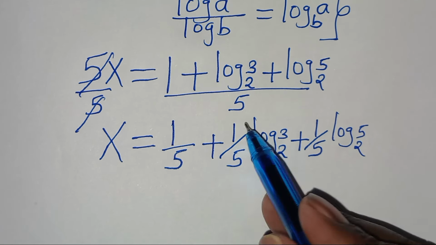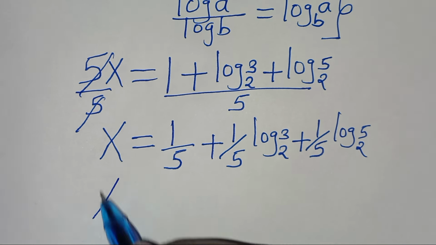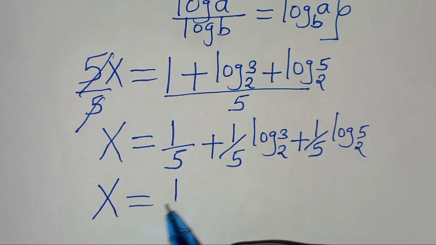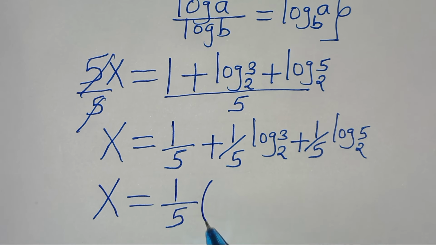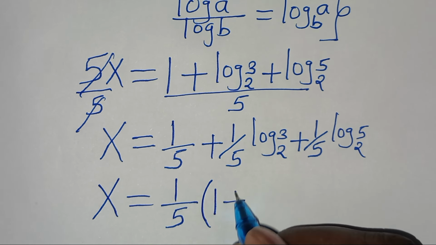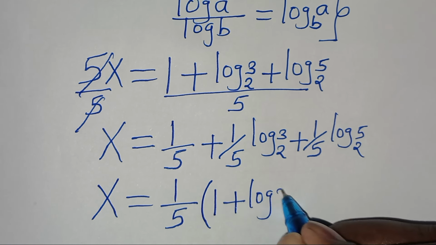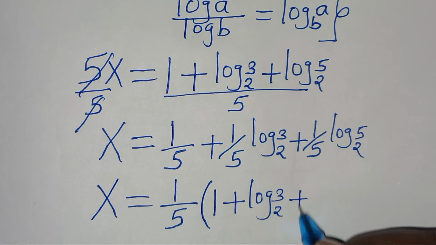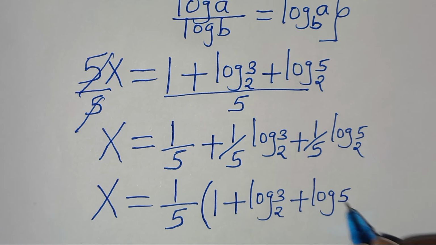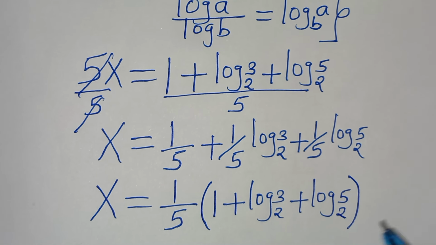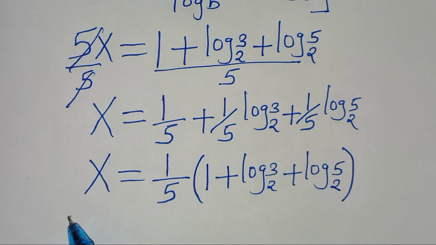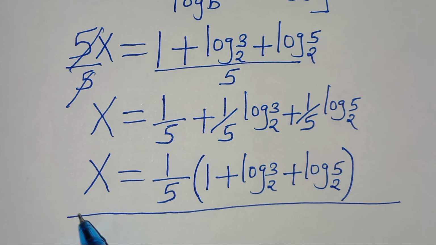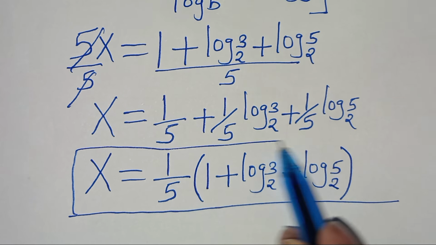Since 1 over 5 is common here, we can factor out 1 over 5, so that now in the parentheses, this is 1 plus log 3 to base 2, then plus log 5 to base 2, close the parentheses. So this is the value of x.